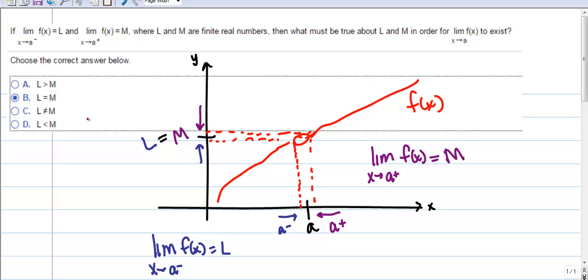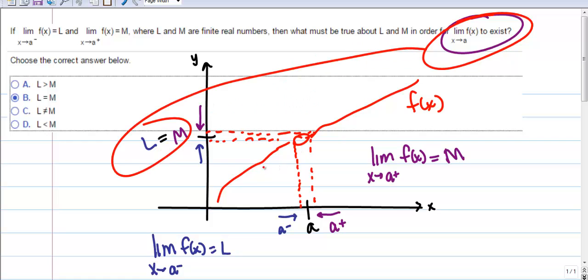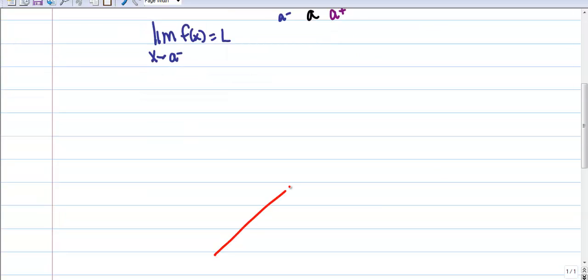But in order for the limit to exist, the left and right hand limits must be the same. Meaning as you approach from either direction, you end up at the same value. It would be bad if it hit here, then here, right?